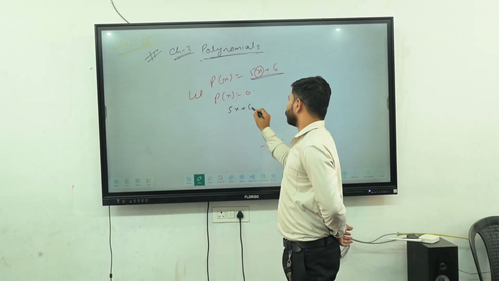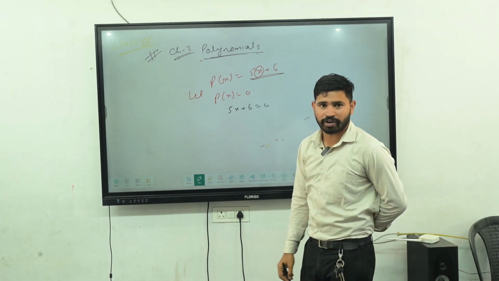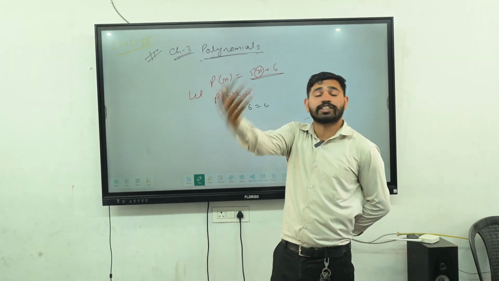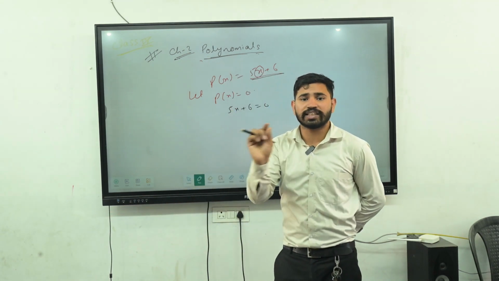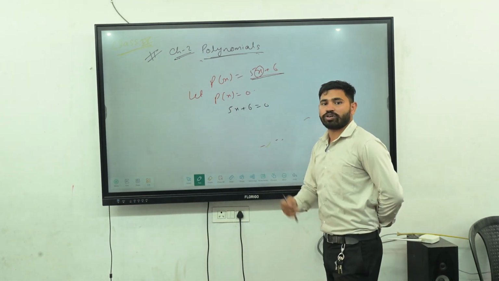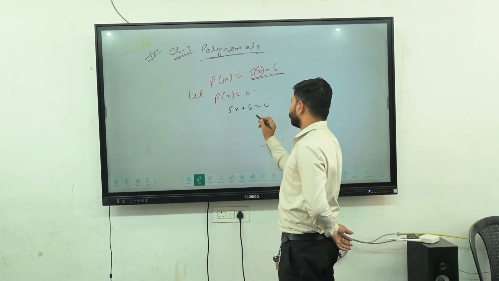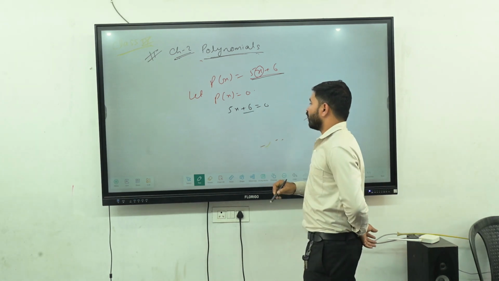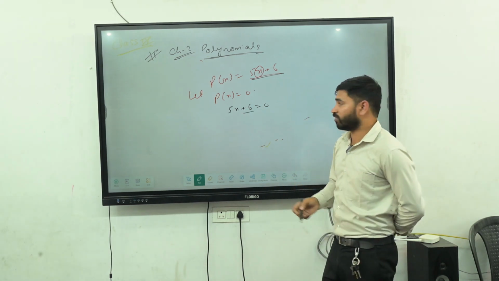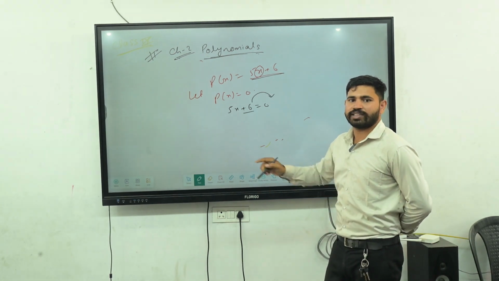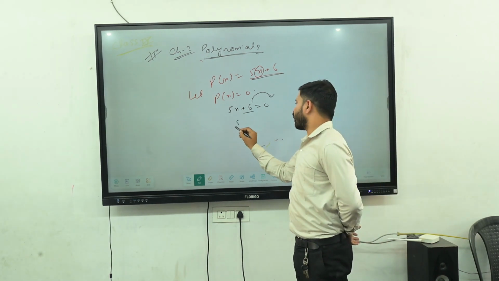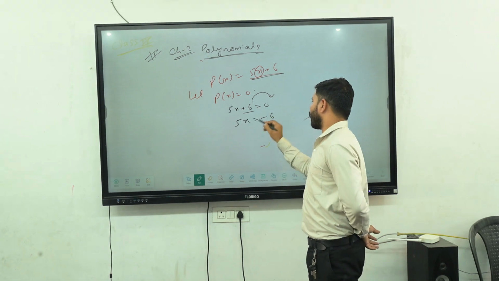We know that if we change any number from one side to the other side, then the sign of the variable or constant term is changed. Say there is 6 and the sign of 6 is positive. When we move 6 from the left side to the right side, it becomes minus 6. So 5x equals minus 6.